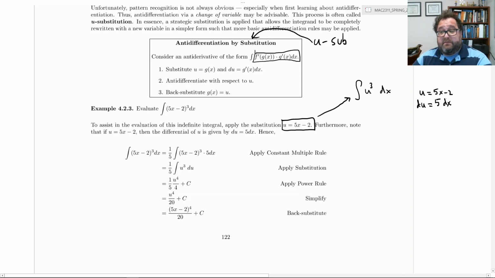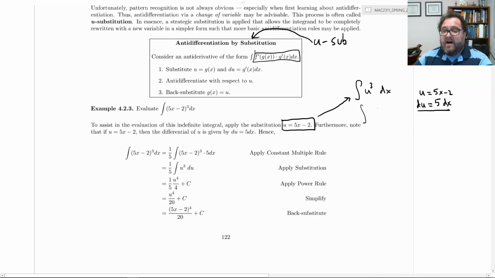If I write this in differential form, I get du, the derivative of 5x, which is 5, times the differential, because dx was the variable there on the right-hand side. So here's what I get: du equals 5 dx. And if I want to replace my dx with du, well, I don't know what dx equals, but I know what 5 dx equals. So what if we think about this?